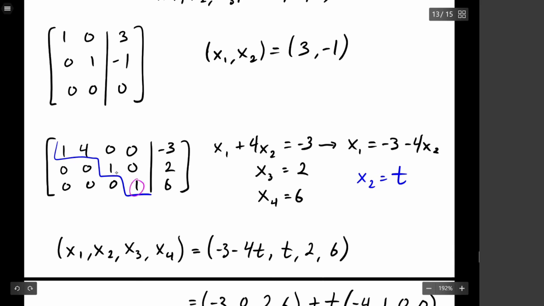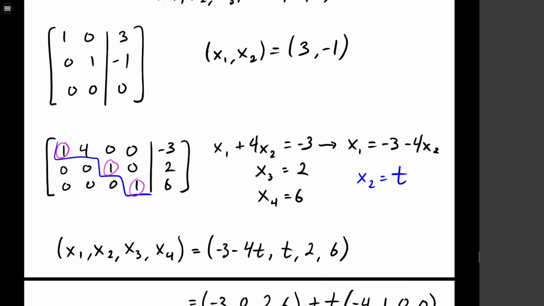Here are the leading ones. Notice how this staircase has a double wide step, a 2-column wide step. Whenever you see that kind of stuff and you have a solution, this is an indicator of infinitely many solutions. Okay?